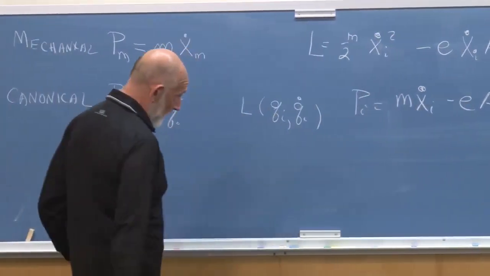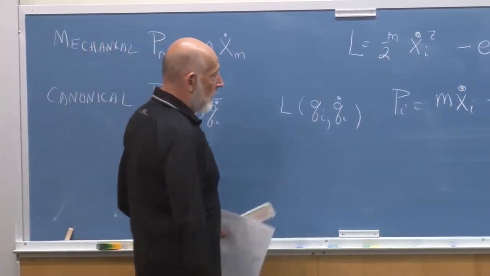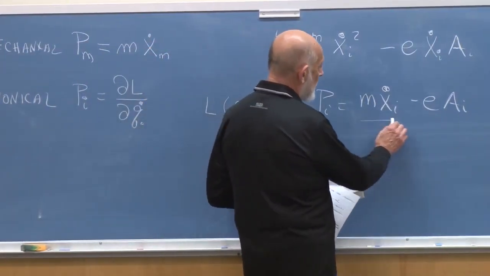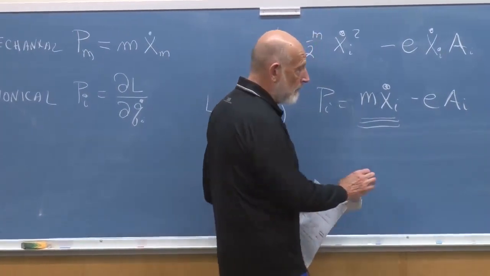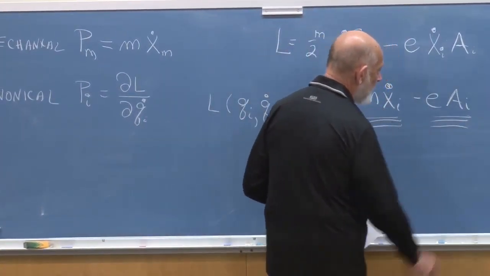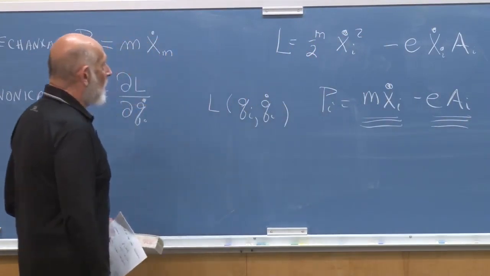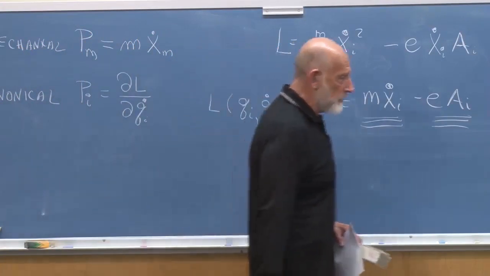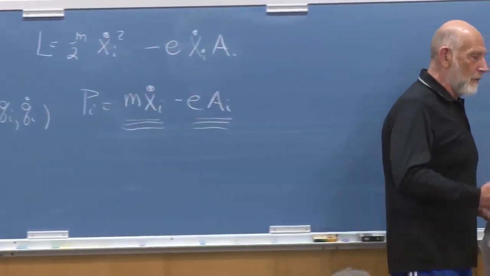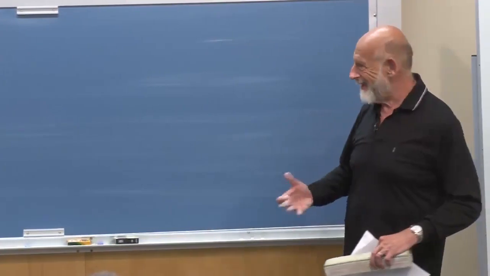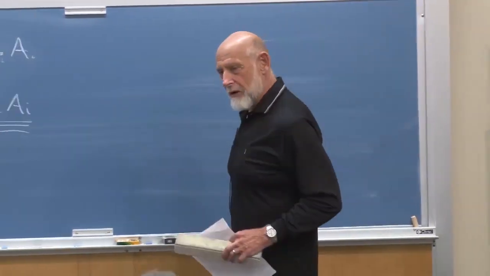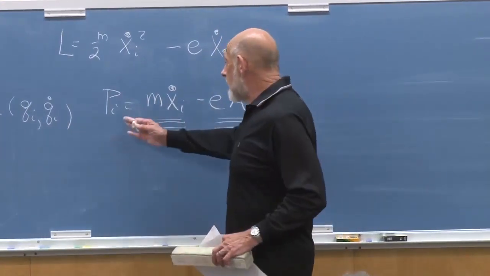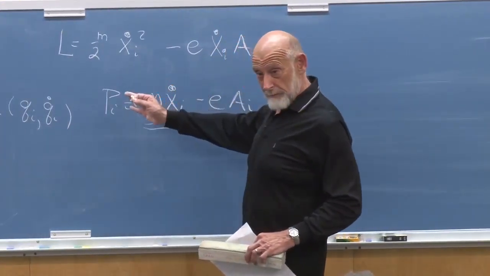This is the canonical momentum, right? The right words to say is that the canonical momentum is the mechanical momentum plus a piece coming from the vector potential. When we write Hamilton's equations, for example, when we do the mathematics of classical mechanics in Hamiltonian form, the momentum always means the canonical momentum.